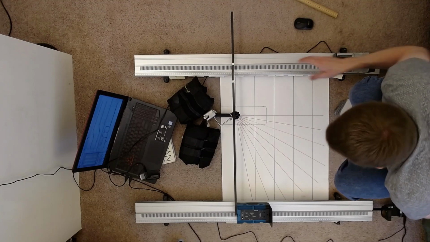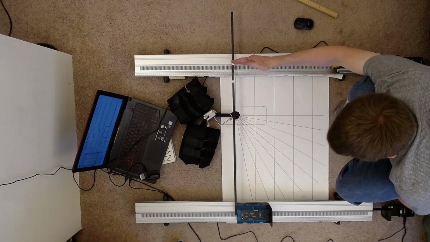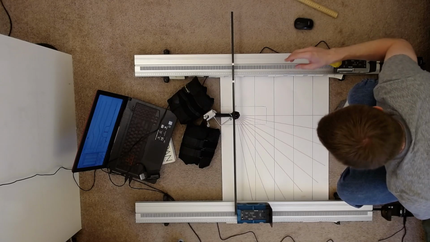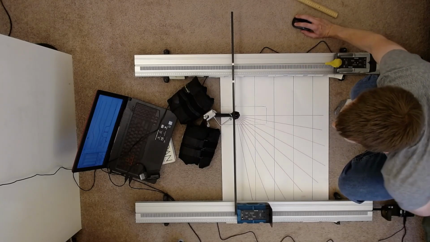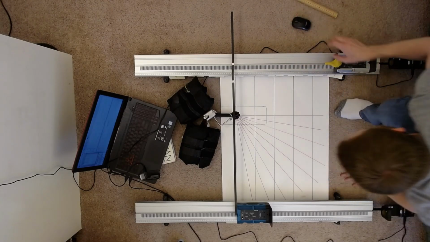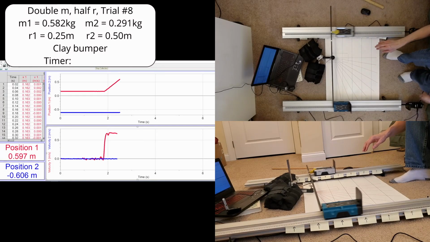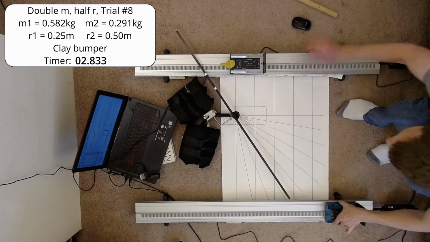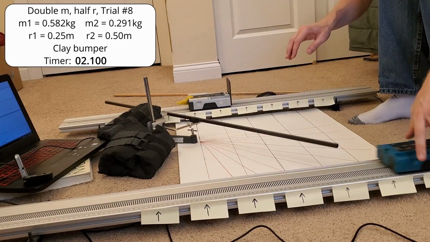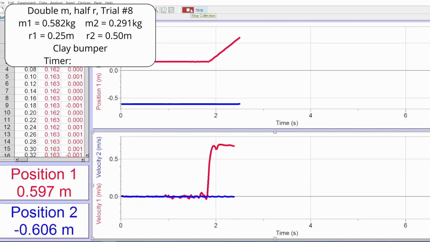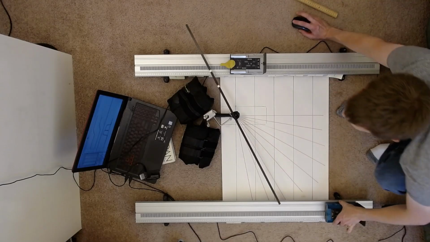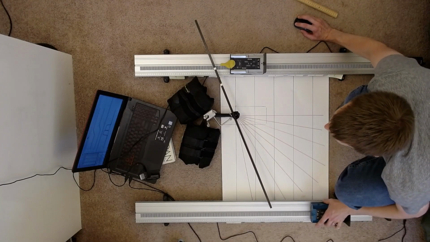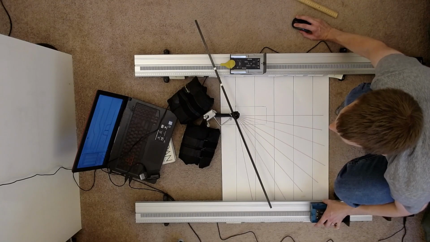Okay, so this is double mass at half distance, trial number 2 in the inelastic case. And let's take some data. Okay, let's see how this one worked.